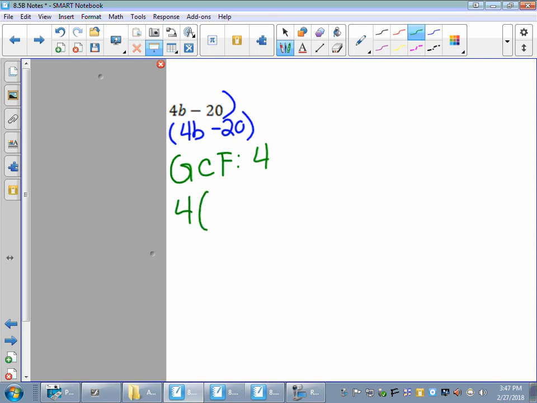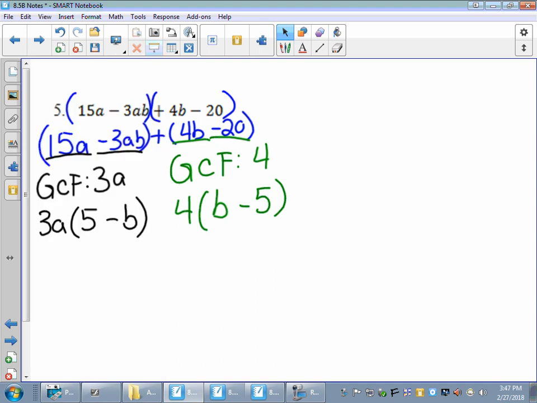Write down your greatest common factor. 4 times what gets me to 4b? Well, I still need a b. 4 times what gets me to that negative 20? Well, that's going to be a negative 5. And here's where we can go ahead and get rid of our divider. Don't forget to bring down your little plus sign.